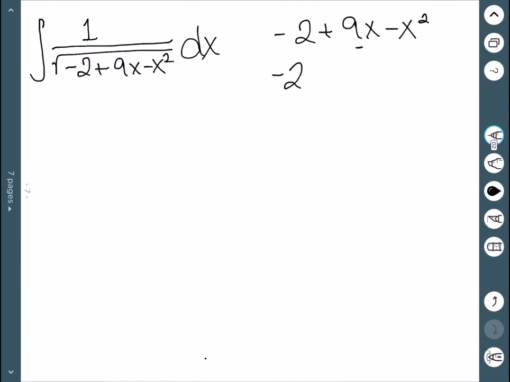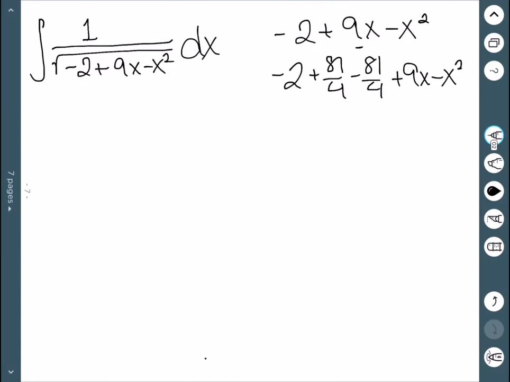If I divide 9 by 2, I get 9 over 2, squared is 81 over 4. So I'm going to both add and subtract 81 over 4. That way I don't actually change the problem, since I'm just adding 0.